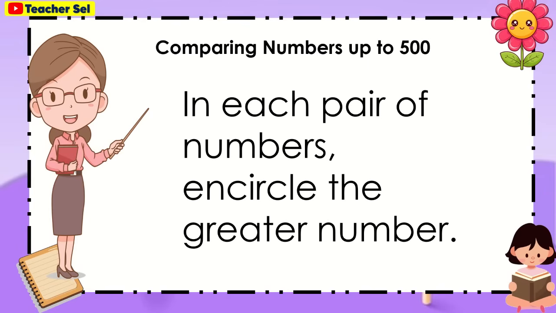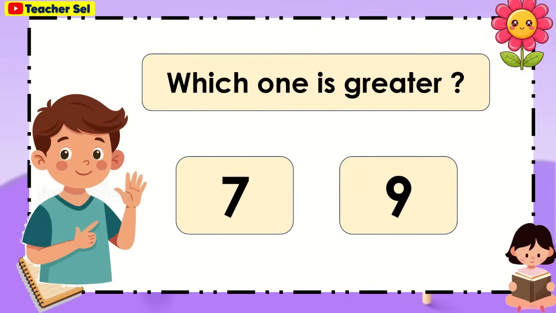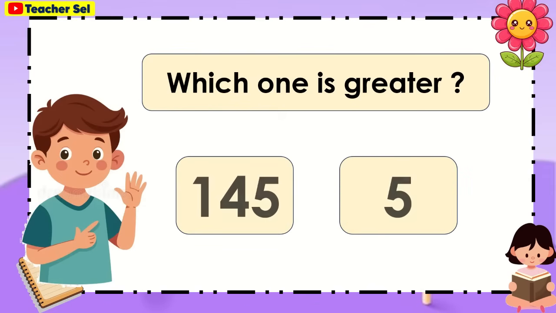Comparing numbers up to 500. In each pair of numbers, encircle the greater number. Which one is greater? You're right, it is 9. 34 and 84. Which one is greater? Very good, it is 84. 145 and 5.